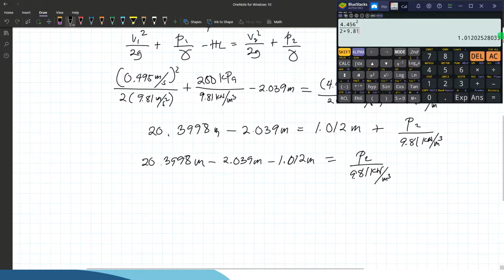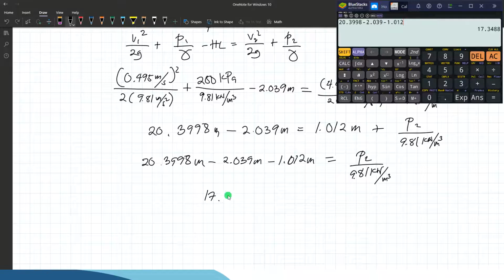Let's solve this. 20.3998, 2.039, and 1.012. That's 17.3488 in meters. So P2 equals 9.81 kilonewtons per cubic meter multiplied on both sides.